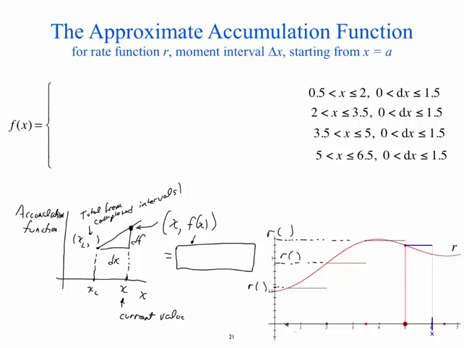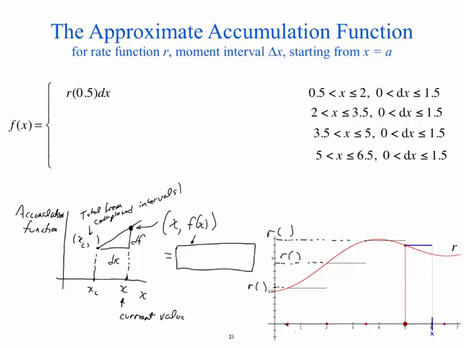Thank you. So, the change in y, the change in the dependent quantity, will be the rate times dx. The rate times dx. Did we have any accumulation from before?